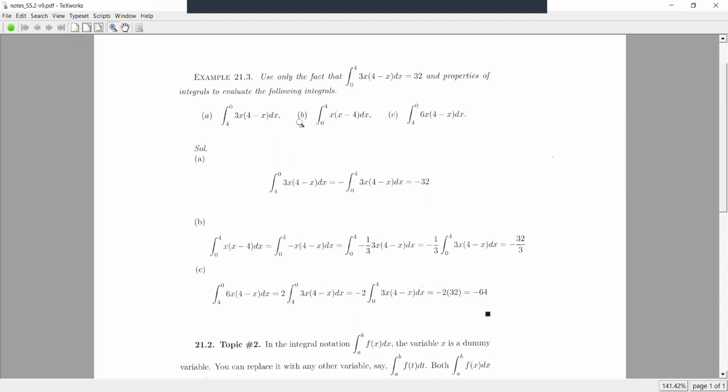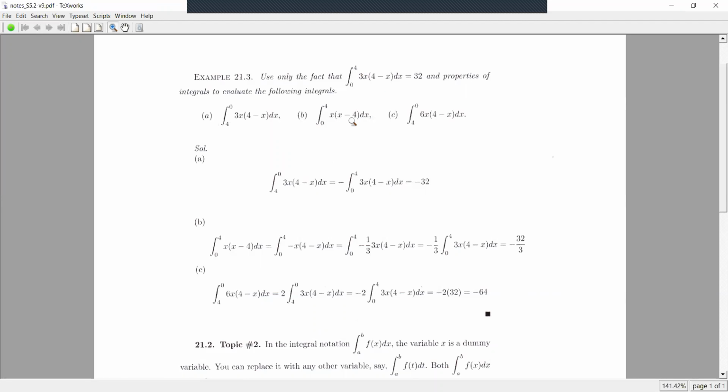Now, part B. This integral, the function is different from the function in the given integral. In the given integral, the function has the number 3, and also this factor is 4 minus x.